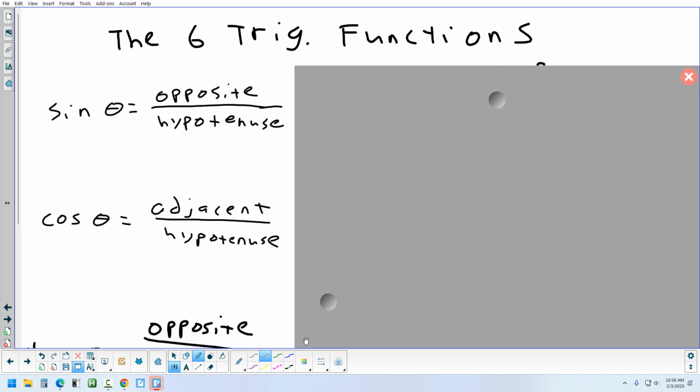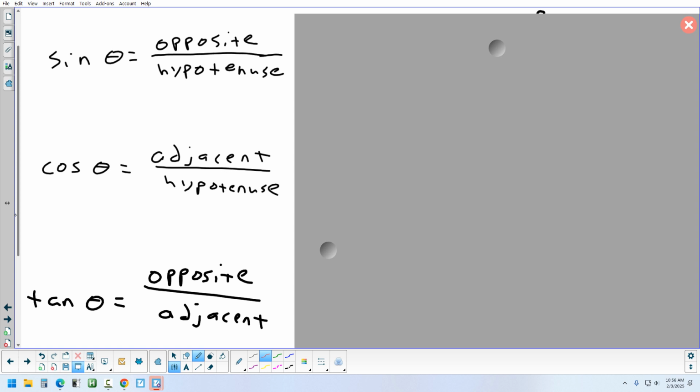If we define these in terms of a right triangle, each trig function is a ratio of 2 sides. When you have 3 different sides to pick from, you can pick them 6 different ways. Here are the first 3: sine is opposite over hypotenuse, cosine is adjacent over hypotenuse, and tangent is opposite over adjacent.